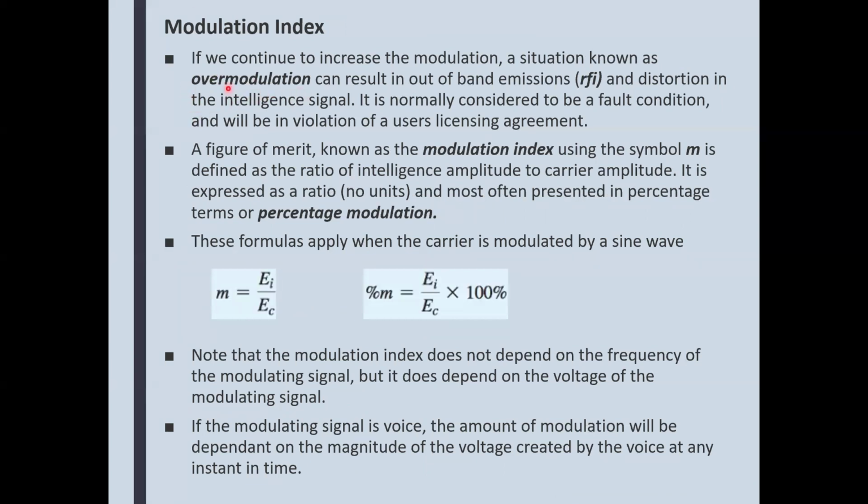Modulation index. If we continue to increase the modulation of the signal, long story short, modulation index, letter M, is the value of the intelligence over the value of the carrier.